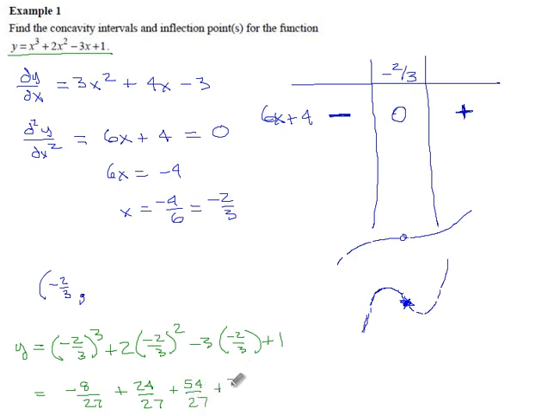And instead of 1, we'll say 27/27 because common denominator. Negative 8 plus 24 is 16. 16 plus 54 is 70. 70 plus 27 is 97/27. And I don't think that is reducible. So the coordinates of our point of inflection are minus 2/3 and 97/27.